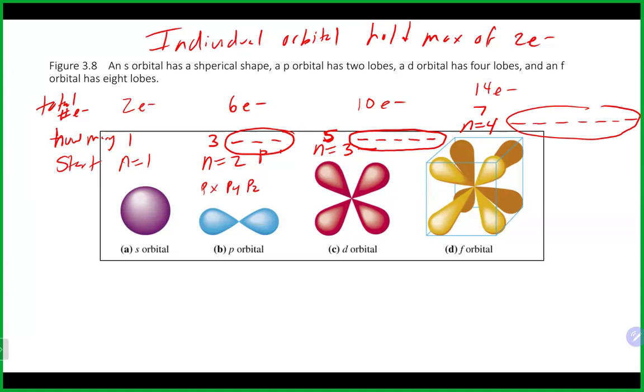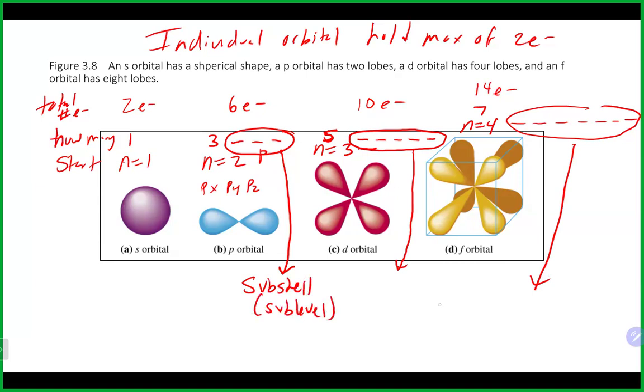By the way, we have a grouping of 3 different p orbitals on any energy level. On any energy level, there are d orbitals, a grouping of 5 different ones, and 7 different ones. These are also sometimes referred to as subshells or sub-levels, depending on your book.